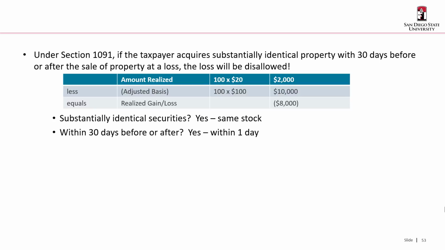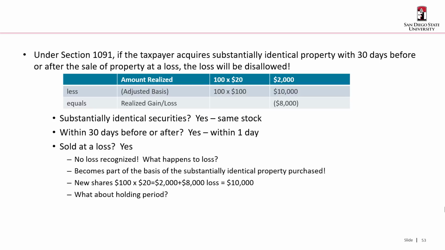And the answer is yes, he purchased the exact same stock. Did he do it within 30 days before or after the date of the sale at a loss? And the answer is yes. It turns out he did it on the exact same day. And were they originally sold at a loss? And the answer is yes. So as a result, we need to apply the wash sale rules, which means no loss will be recognized.